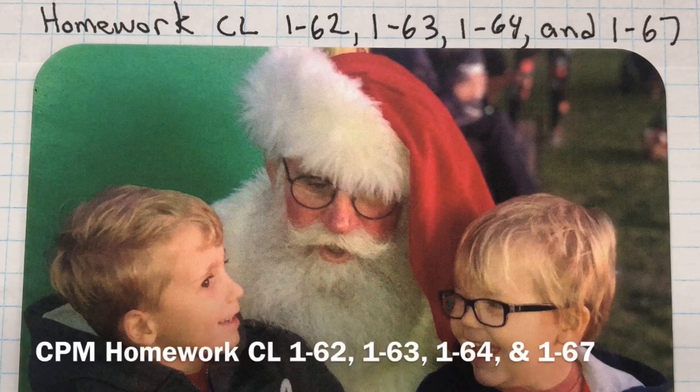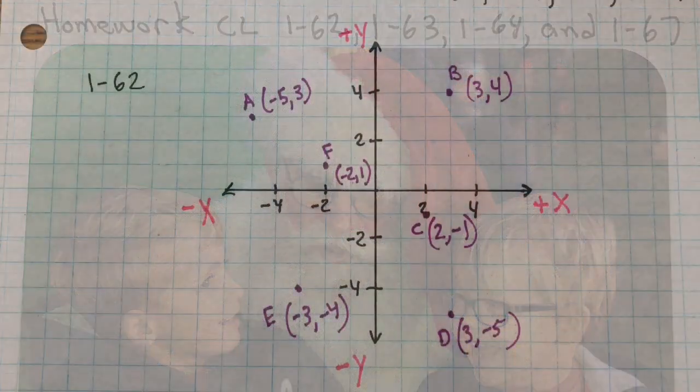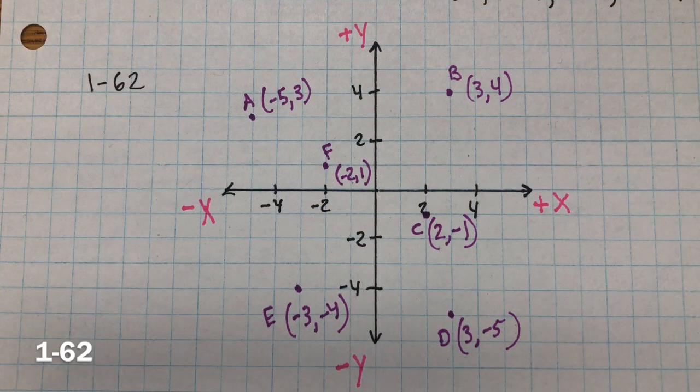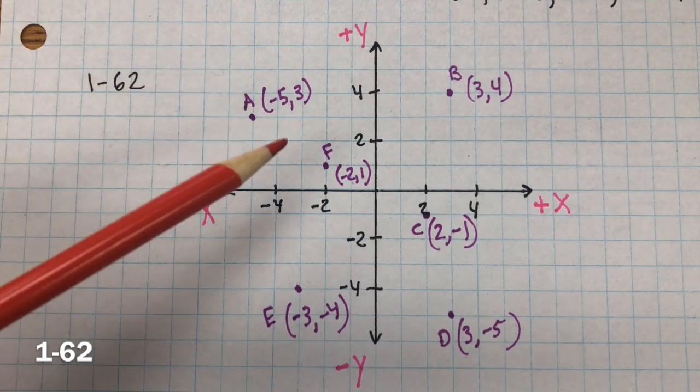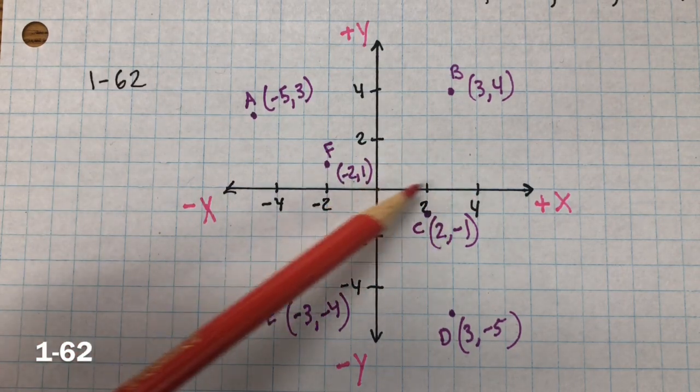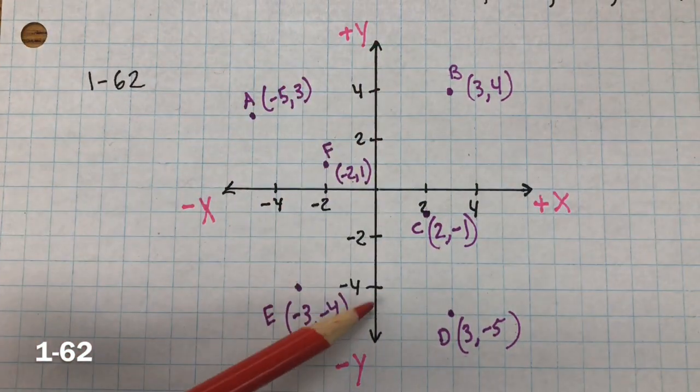This is the homework for closure 162, 163, 164, and 167. For 162, you need to write the coordinates of points A through F. So on a coordinate plane, you have the x-axis and the y-axis.